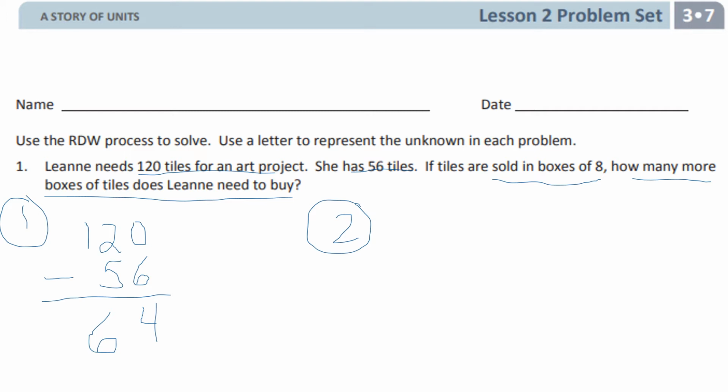So we can see I have my 120 here, and that is what she needs. She already has 56, which is down here. So what did I do? I subtracted because we want to know how many more tiles she needs, but we need to know in boxes. And if they're sold in boxes of 8, I am going to have to divide to find out how many boxes.